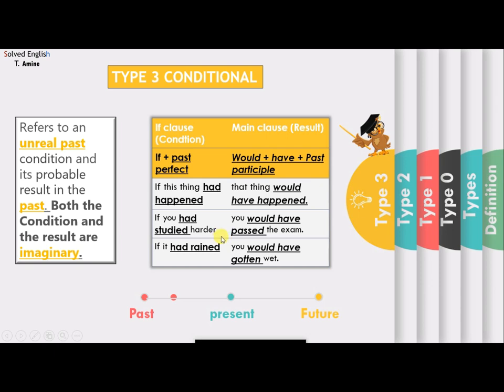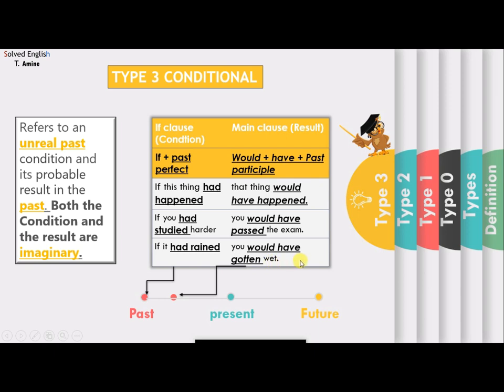So we make the hypothesis or the condition: if you had studied harder, what would have happened? You would have passed the exam in the past as well, because the condition and the result are both in the past, and they are both not real. They are both unreal and imaginary. If it had rained, you would have gotten wet.